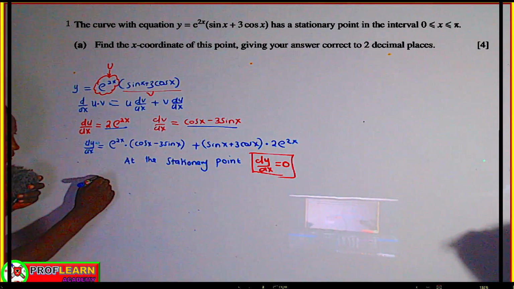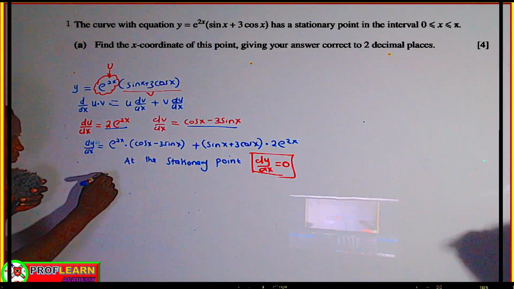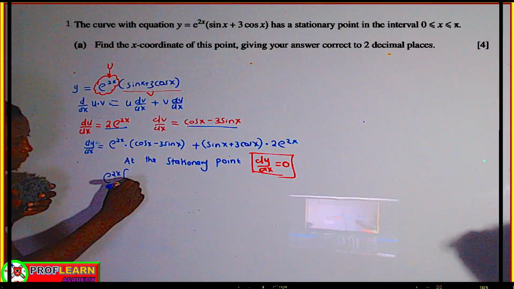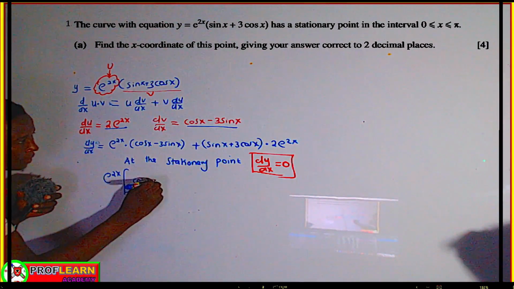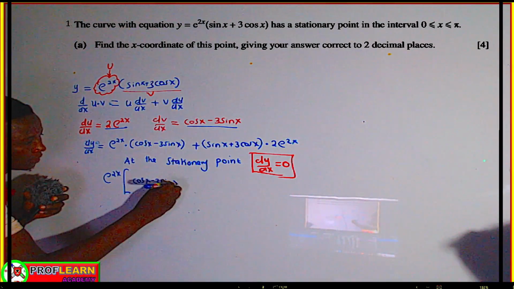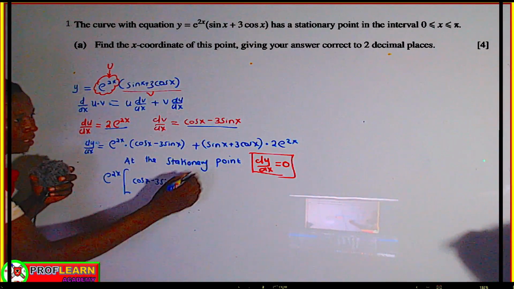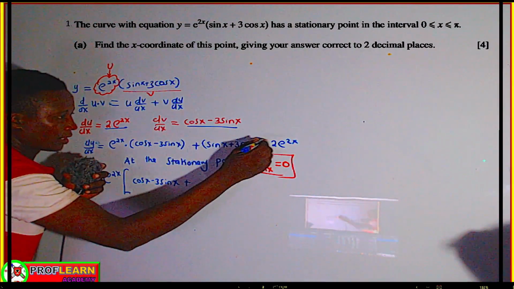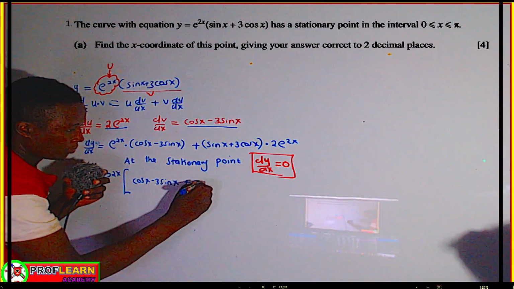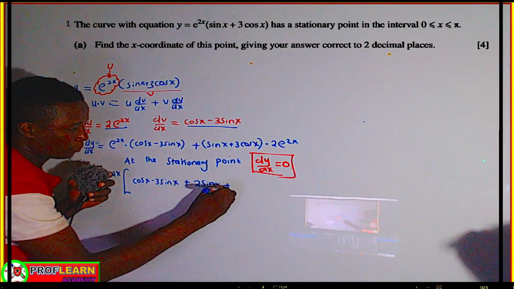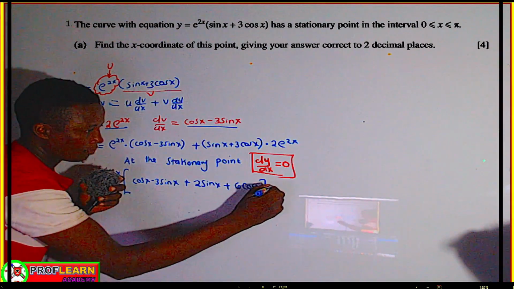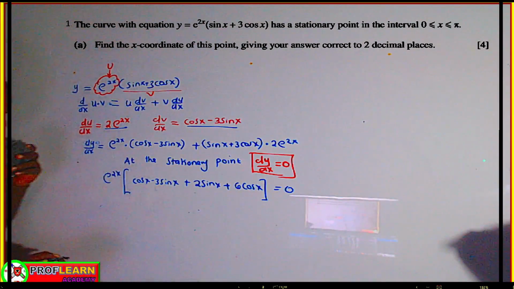And this is going to be, I'll factor out e^(2x). I'll have cos x minus 3 sin x plus, this 2 is going to multiply inside here because I've factored out, and that's going to be 2 sin x plus 6 cos x is equal to 0.